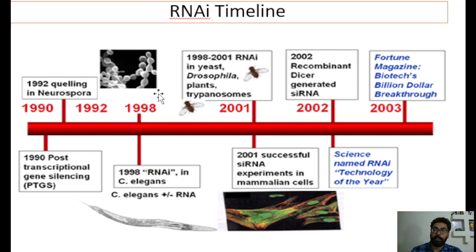In 1998, two scientists, Fire and Mello, discovered this phenomenon as RNAi in the nematode Caenorhabditis elegans, and they got the Nobel Prize for that.